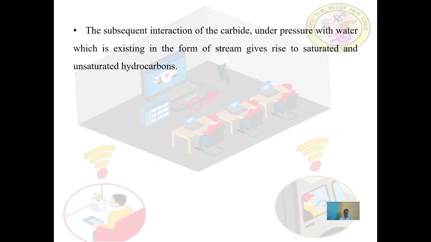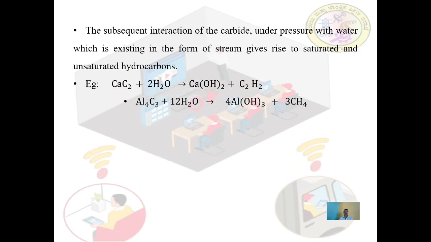These carbides subsequently interacted under high pressure with water which is existing in the form of steam, gives rise to saturated and unsaturated hydrocarbons. For example, calcium carbide reacts with water, gives calcium hydroxide and acetylene.